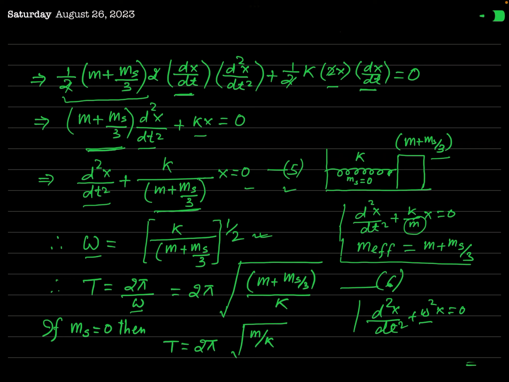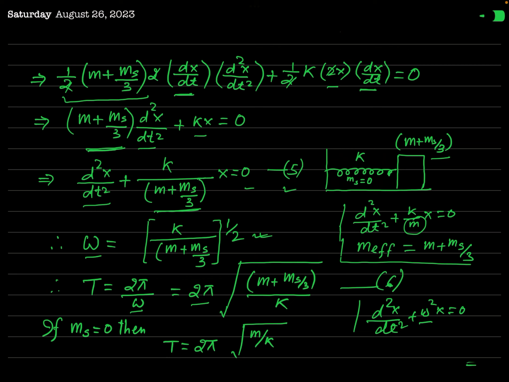So the time period of this spring mass system is equal to 2π times the square root of (m + ms/3)/k. Actually, this is the actual result. This is the general result.